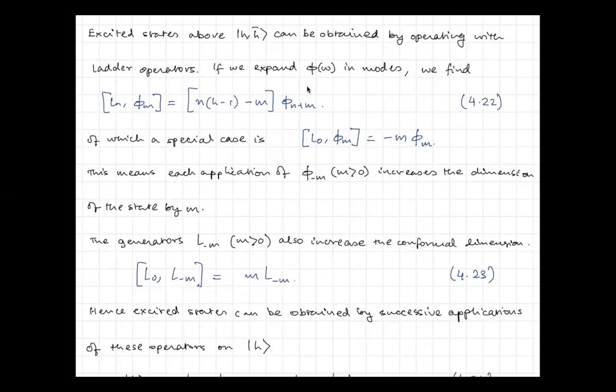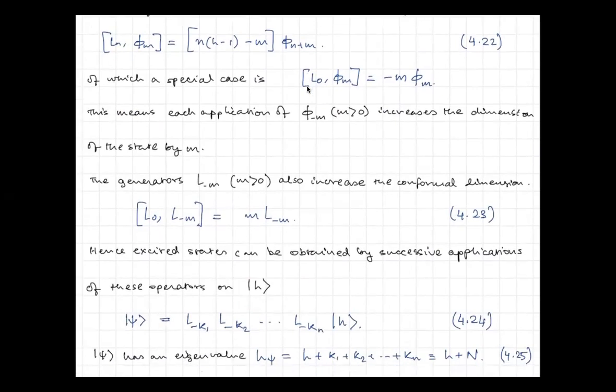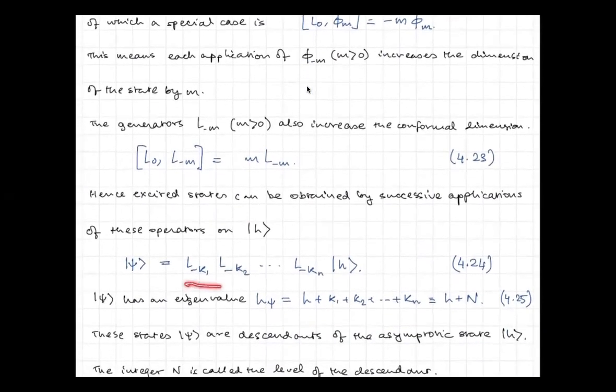So for successive applications, you can just apply these successively on this state H, and you can build excited states. Okay. So I've written some psi down out here, which is all of these L minus Ki acting on H. So the weight of the state H is H, so the weight of the state psi will be H plus K1 plus K2 plus up to Kn.